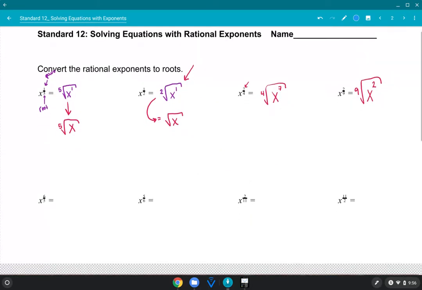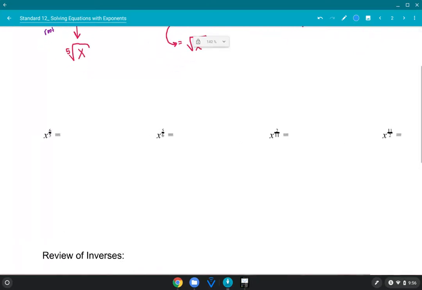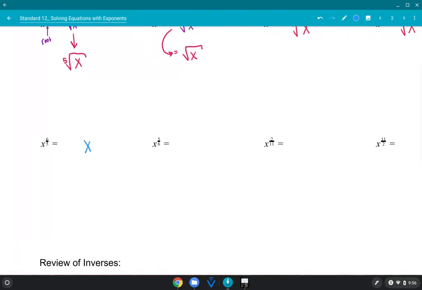All right, I want you guys to try these last 4, so hit pause, do these last 4, and then come back and check your work. Okay, the power is 6, and the root is 5.